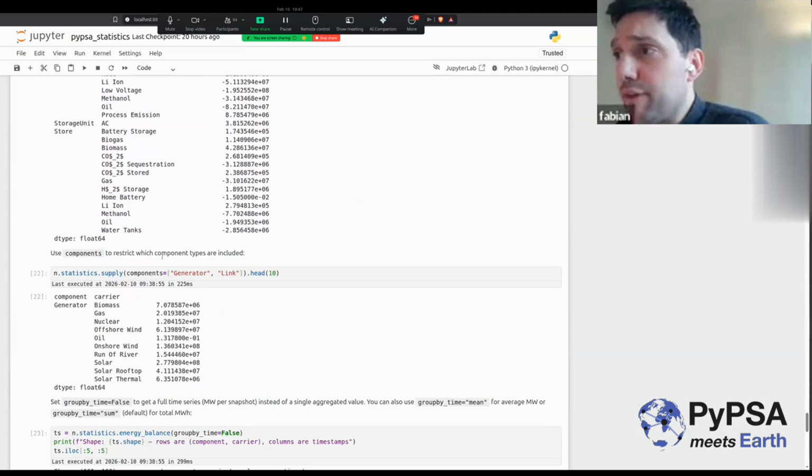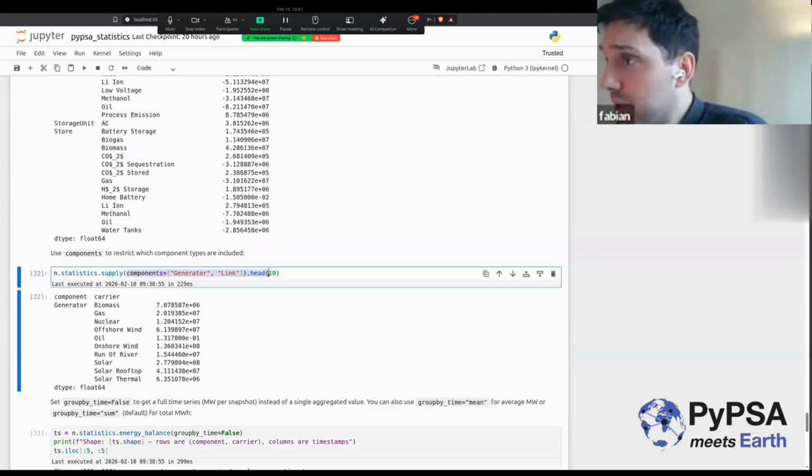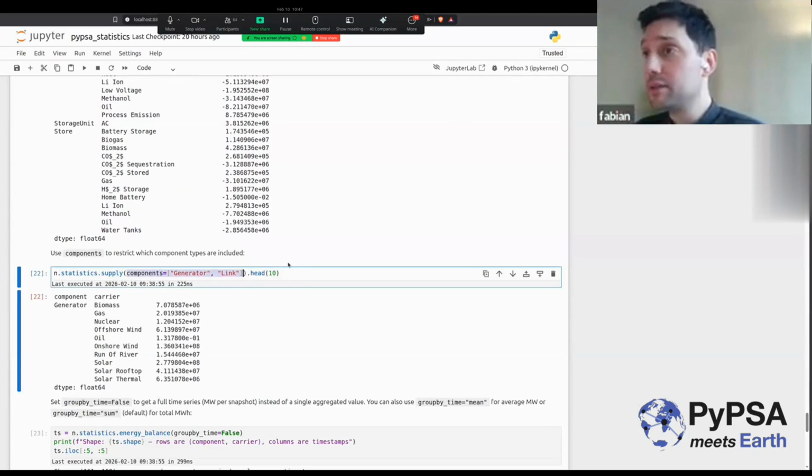Let's go a little bit further. Here we have another argument that we're using, the components argument, which is an example of filtering components. Now we're just running this supply function over the generator and the link component. This is sometimes interesting when you have a lot of components and now I really want to go into the generators.